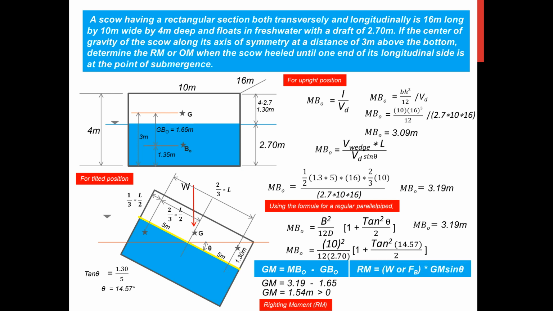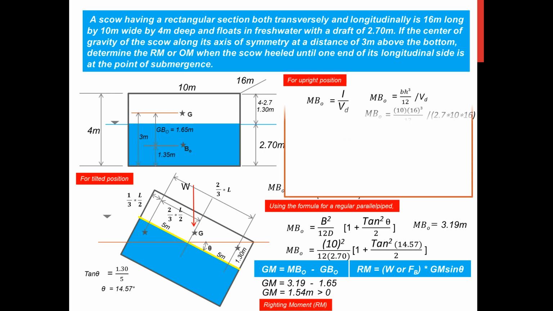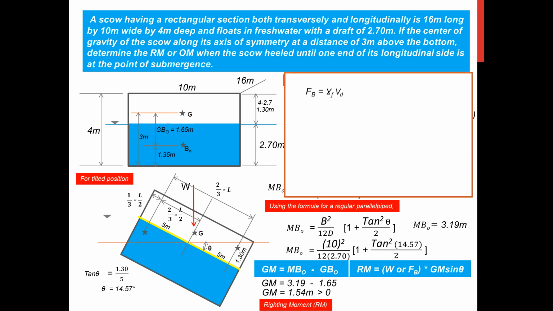Now, righting moment is calculated by this formula, equal to the buoyant force or the weight times GM sine of theta. So in here, we need to calculate the buoyant force to complete our equation of RM. The buoyant force is equal to gamma of the fluid times the volume displaced.